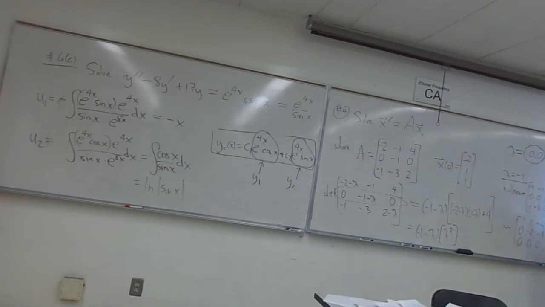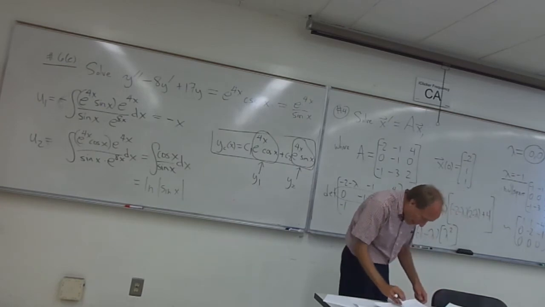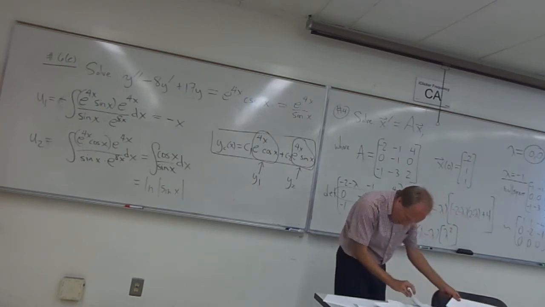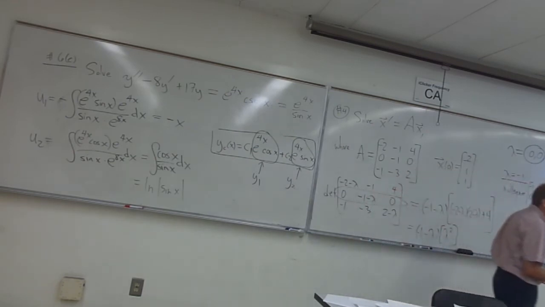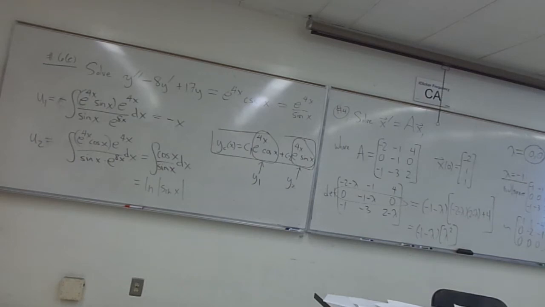I'll look this up, make sure. Yeah, that's not that bad of a number, but what I'm going to do right now is multiply through by 2. So I'm going to get 9, negative 1, and 2 for my vector.